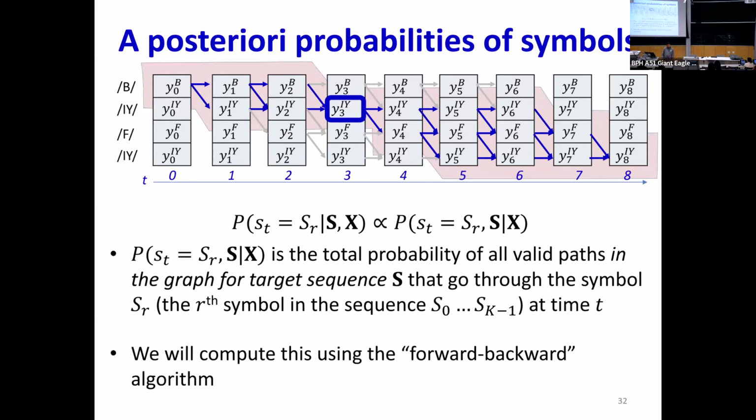And now the probability of this subgraph shown in pink is the probability that the input corresponds to B phi and the third input corresponds to the symbol E. So the probability of the subgraph is this joint probability of the symbol sequence and the specific event of the third input corresponding to the symbol E. Whereas what we really want is the conditional probability of the third symbol being E given that this input corresponds to B phi.